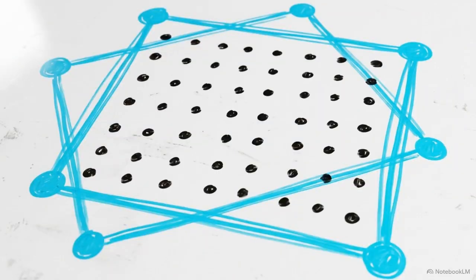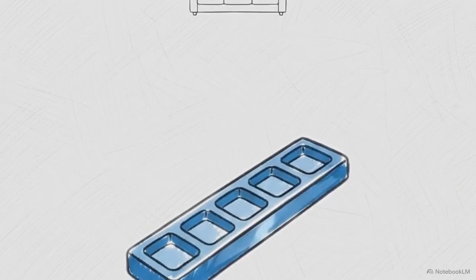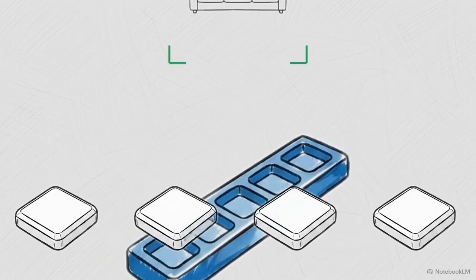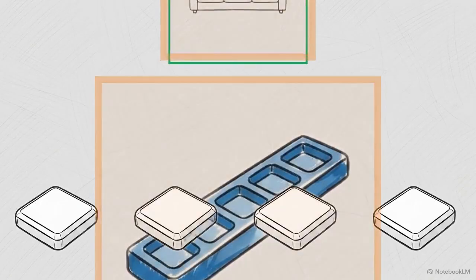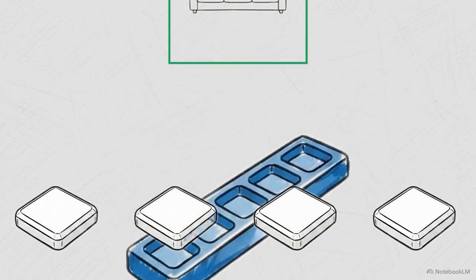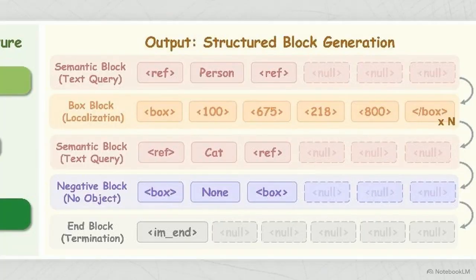Parallel box decoding acts as the architectural remedy by aligning these prediction blocks with structural reality. The absolute rule of PBD is that a complete bounding box, all four corners, must be treated as a single indivisible atomic unit during prediction. This diagram shows the structured block generation process, which enforces a constant constraint. Every functional block is exactly 6 tokens long.